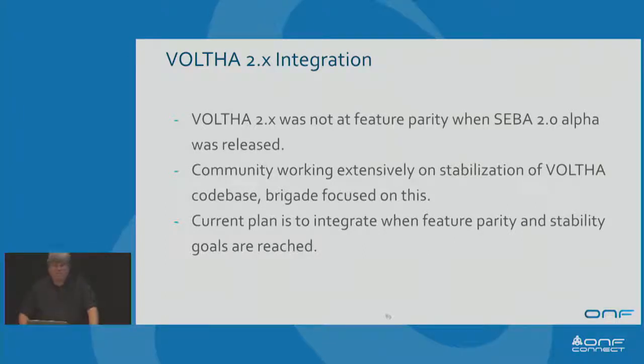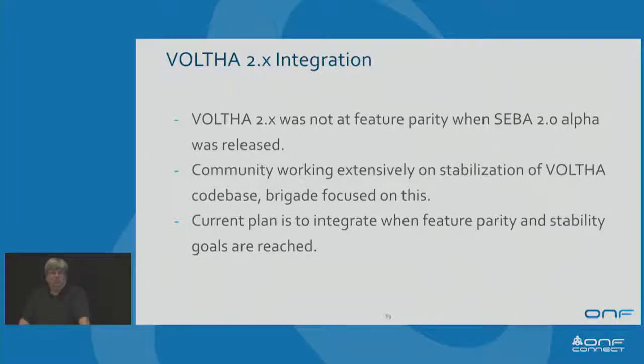Okay, so I'm going to spend just a few minutes talking about Voltha 2.x. At the time we released SEBA 2.0 alpha, Voltha 2.x was not at feature parity yet. Basically, some of the features we were missing were the tech profiles, the bandwidth profiles, and some stability-related things. So we went ahead and released 2.0 alpha with Voltha 1.7, while work on Voltha 2.x continued.